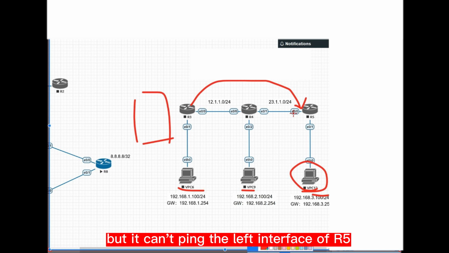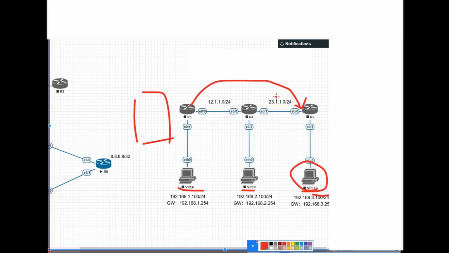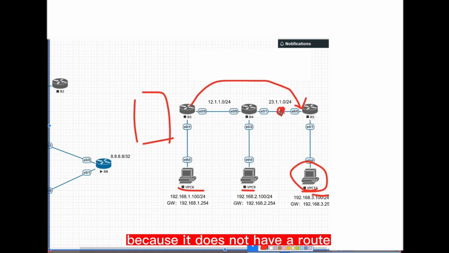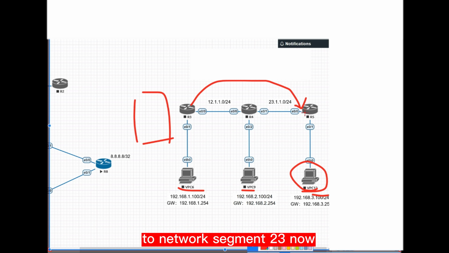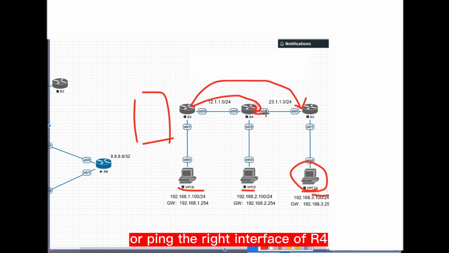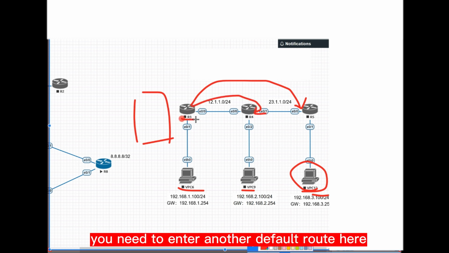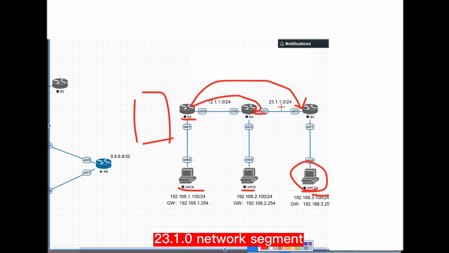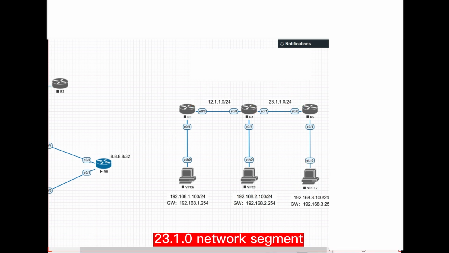But it can't ping the left interface of R5, because it does not have a route to network segment 23 now. If you want to ping the address of this interface now, or ping the right interface of R4, you need to enter another default route here, pointing to the 23.1.0 network segment.